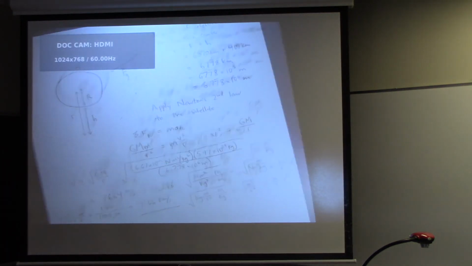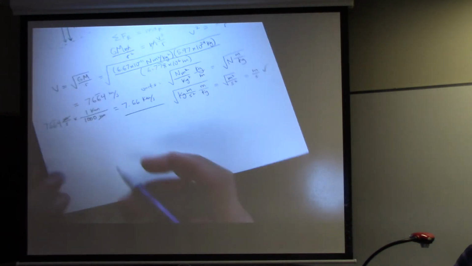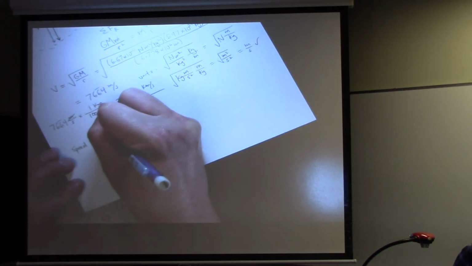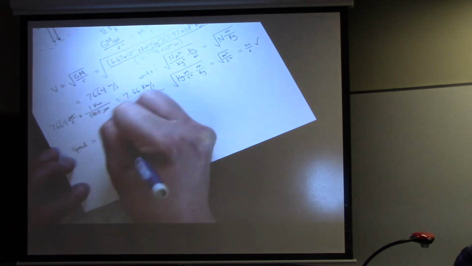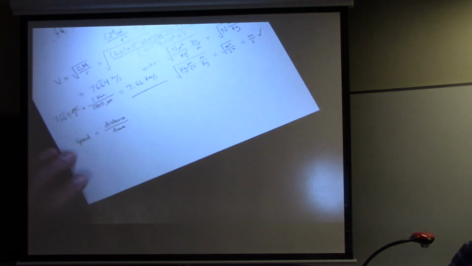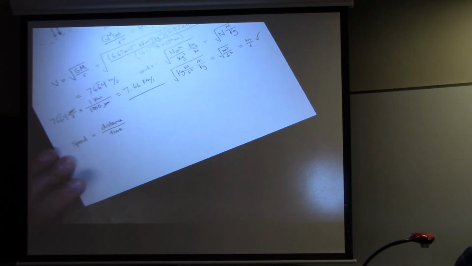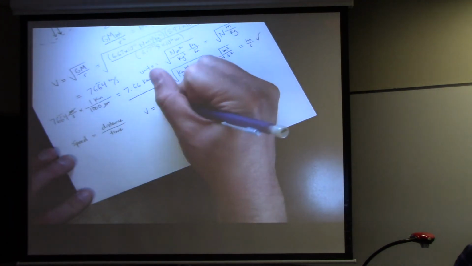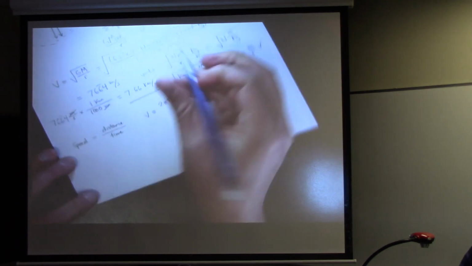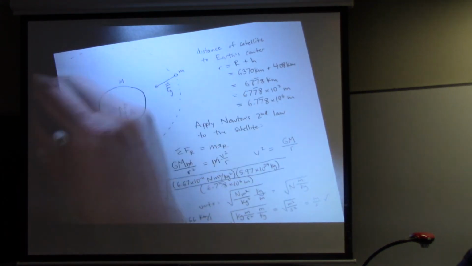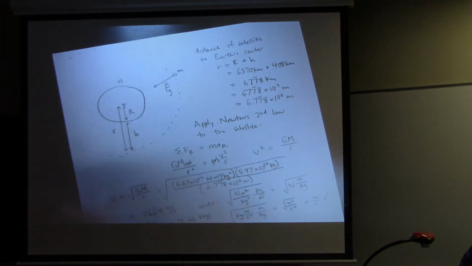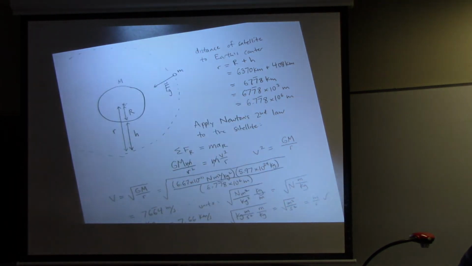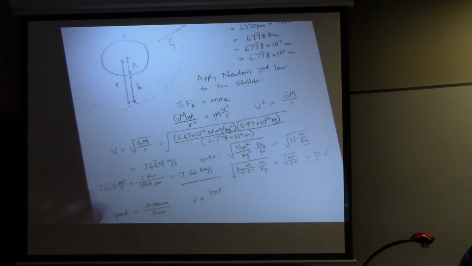What I want us to do is think about the speed we just found as being the distance that the ISS travels over the time it takes to travel that distance. So v is equal to, let's set the distance equal to 2 pi r, meaning it's the circumference of this circle. If the distance is 2 pi r, that means it's traveled one full loop around this orbit.